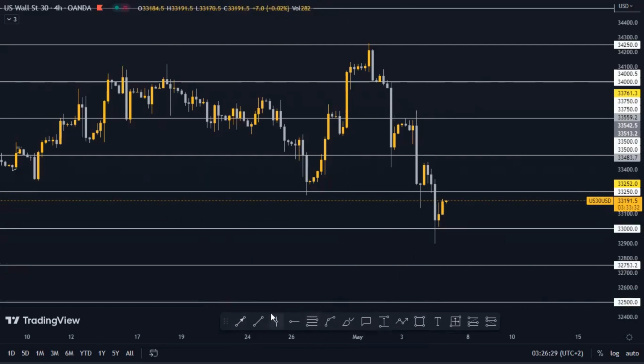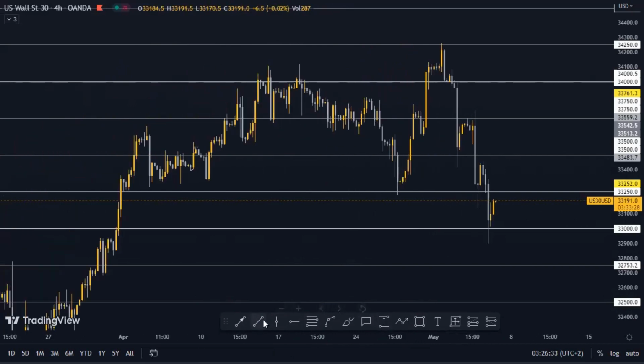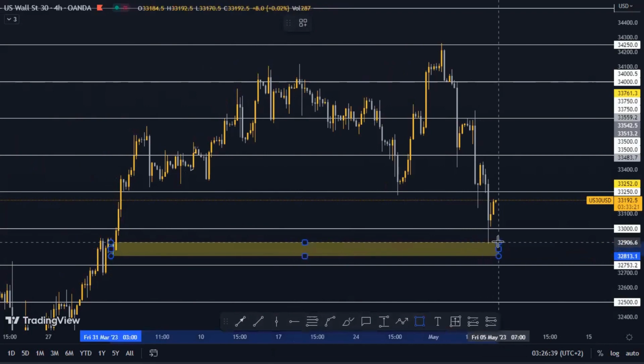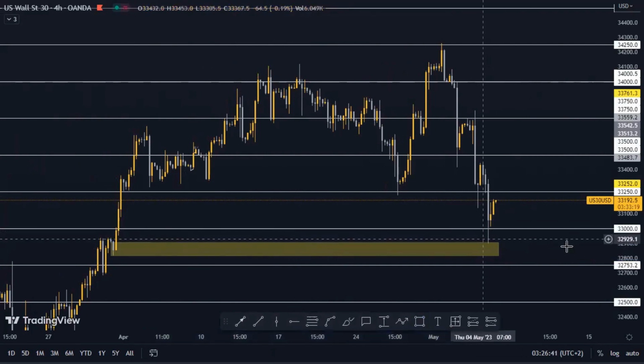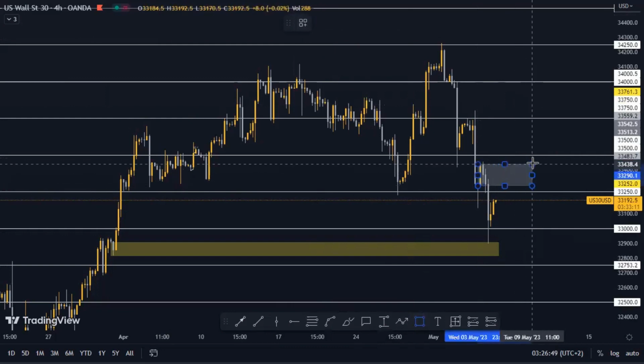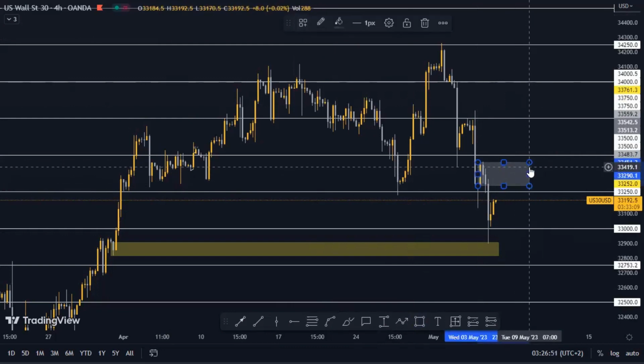So what I recognized here is that the market is currently reacting to this order block, if you may, or this area of demand. As you can see, we had a huge rejection there, and on the upper side of things, we have this as a main area of supply.